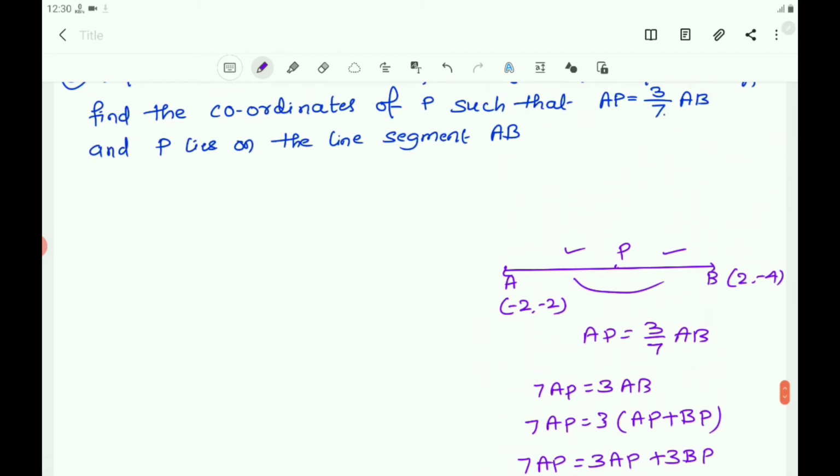So the point P divides AB in the ratio 3:4.